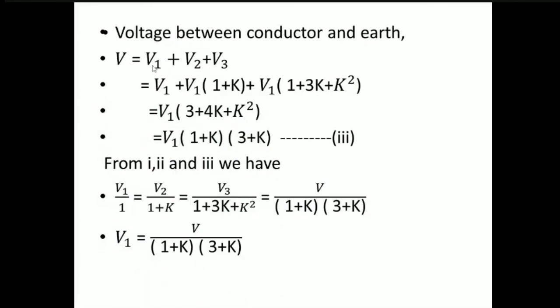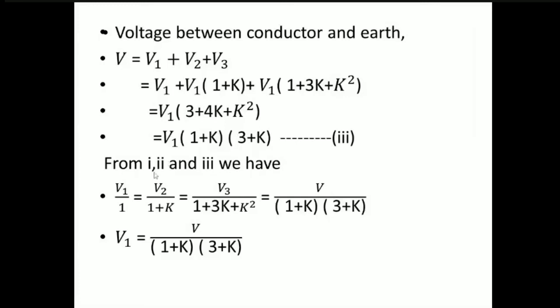We can substitute from equations 1 and 2 for V2 and V3. V1 we will keep as such. V2 is equal to V1 into (1 plus K). V3 is equal to V1 into (1 plus 3K plus K square). So on reducing and rearranging, we will get V as V1 into (1 plus K) into (3 plus K). Let this be the third expression.